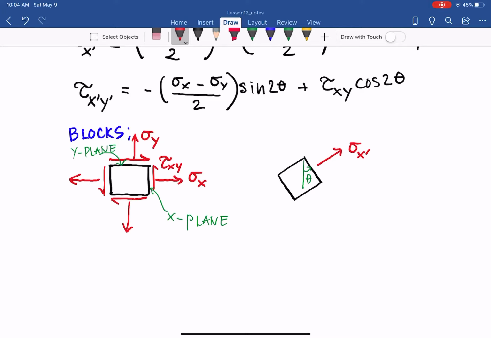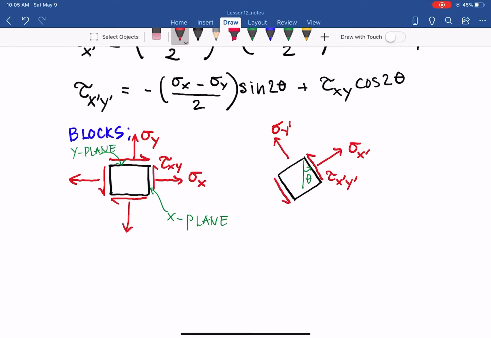You also have the associated shear stress on that plane, and that is tau x apostrophe y apostrophe, because it is on the x apostrophe plane directed to the y apostrophe axis. Similarly, if you know that one is x apostrophe, then this one has to be sigma y apostrophe. Go ahead and complete the stress block. If the tau on the positive x apostrophe plane goes up, then that one goes down.